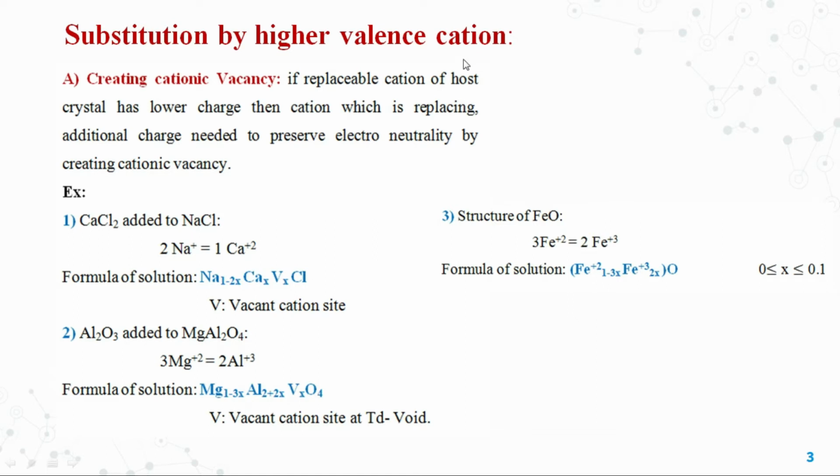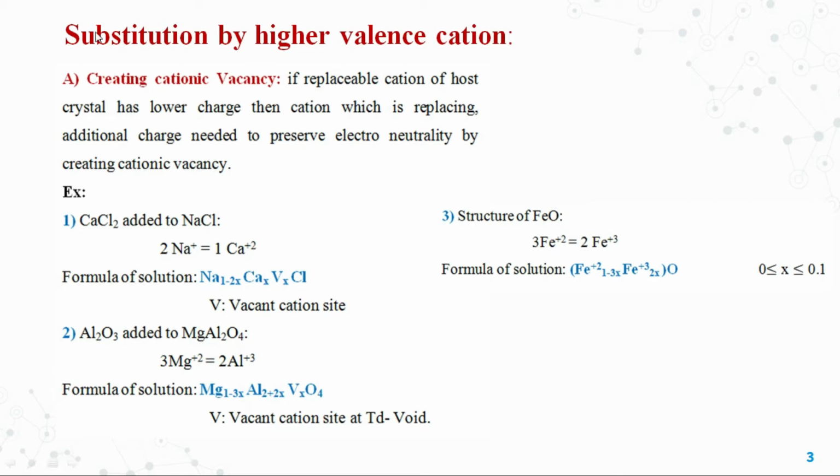Whenever we substitute a higher valence cation, just to maintain electrical neutrality, two possibilities occur: either there is a creation of cationic vacancies or there will be addition of anion in the interstitial site. So these are the two cases.